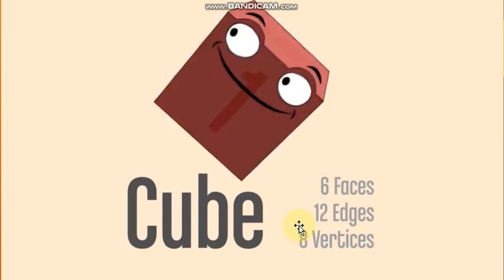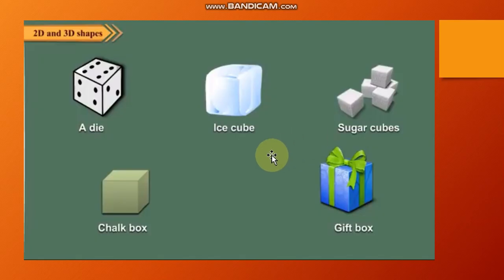What are vertices? Vertices are the corners of a solid shape. These are the examples of a cube: a dice, ice cube, sugar cubes, chalk box, and a gift box.